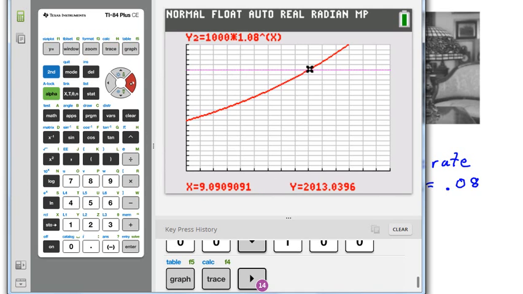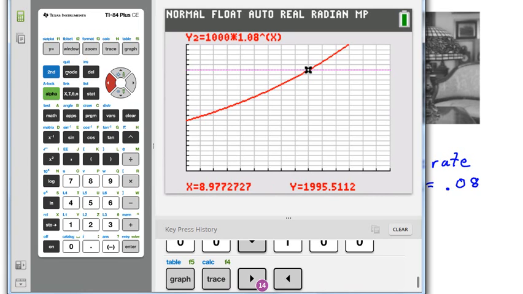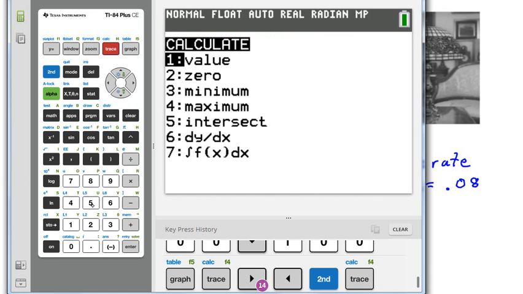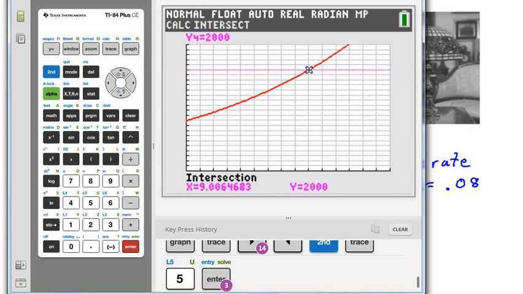I see this coming to, well, here's 1995. That's as close as we get by tracing, and we can see that we're at x equals almost 9. To get a more exact value, we can use the keystroke sequence second, trace, 5, enter, enter, enter, and we get x equals 9.006.